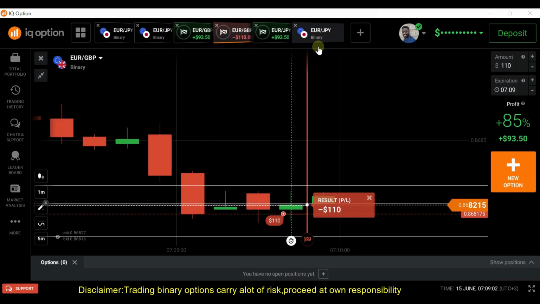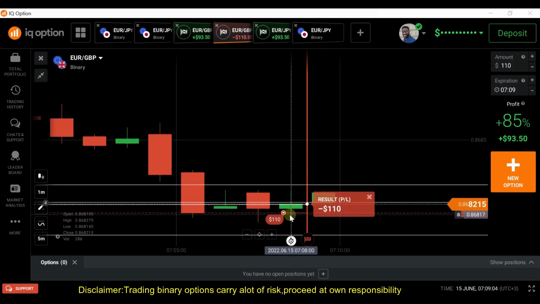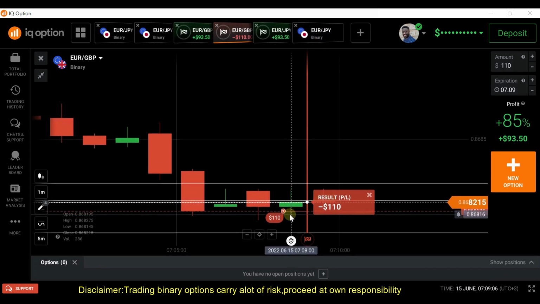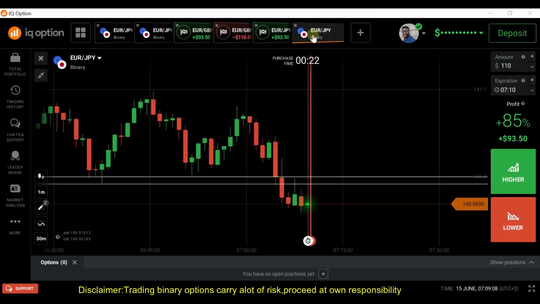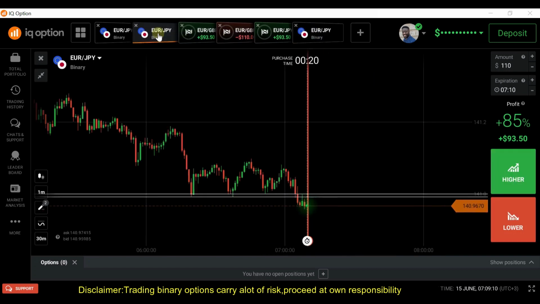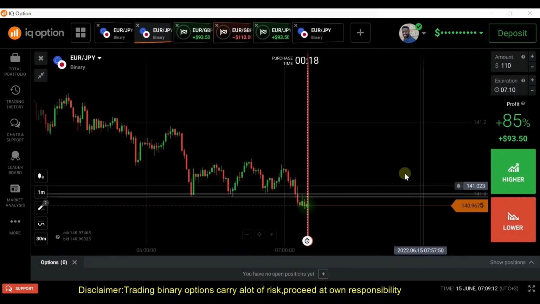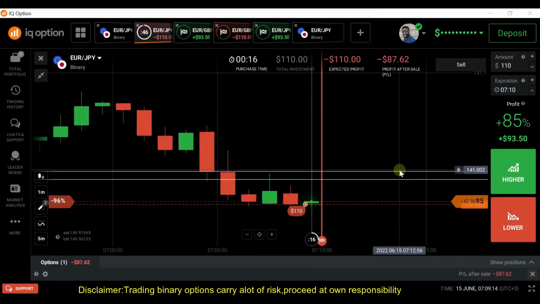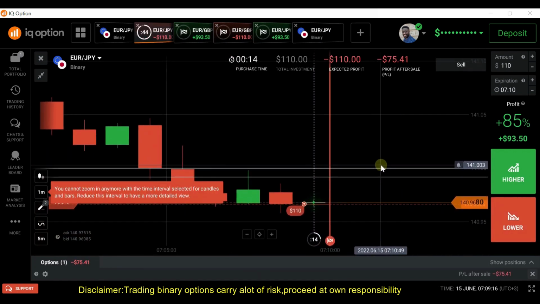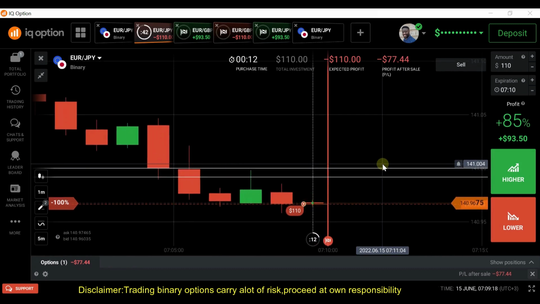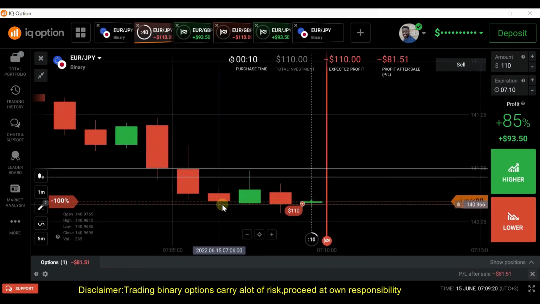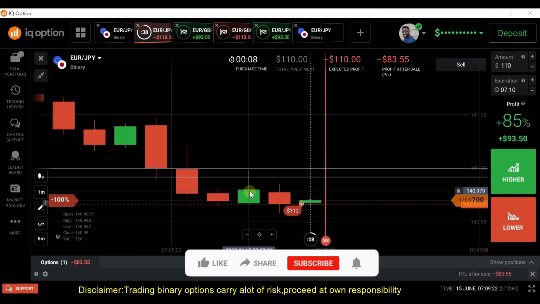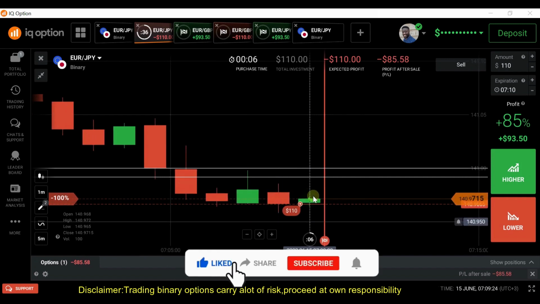So we've closed below the area, but my entry point was not okay. So this is a good pattern. We got a breakout, a retracement, then a spinning top candle.